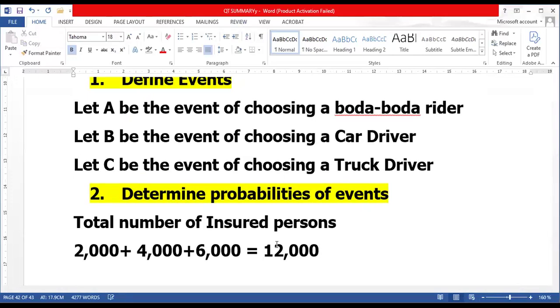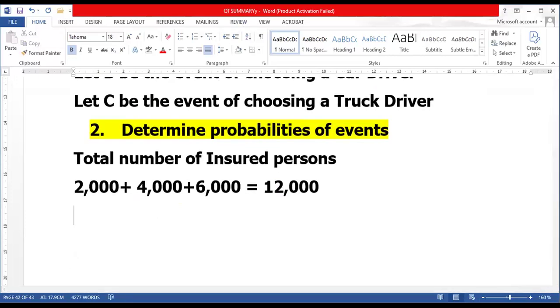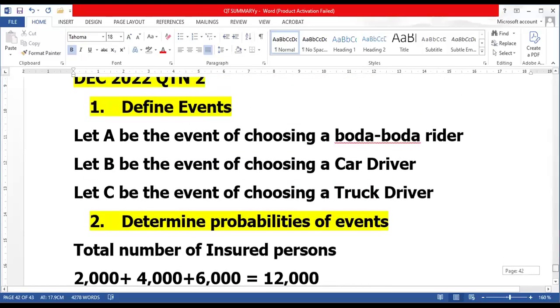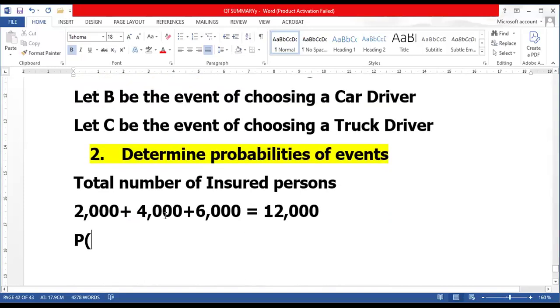So if you have the total, you can easily get the probability. So the question is, what is the probability of choosing A? What is the probability of you choosing a border rider who is insured? So the probability of A will be 2,000 divided by the total, 12,000.